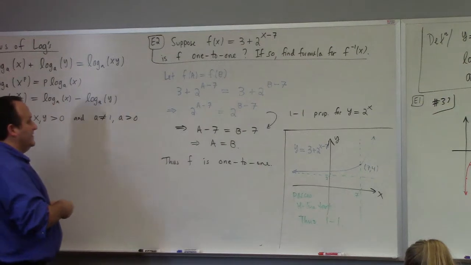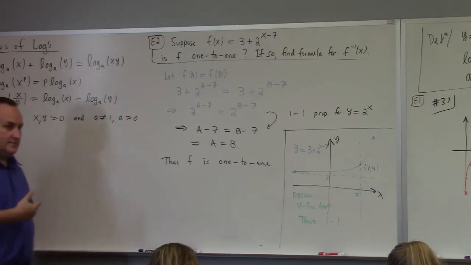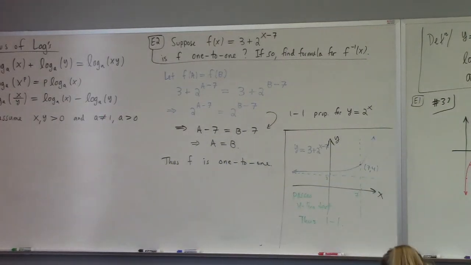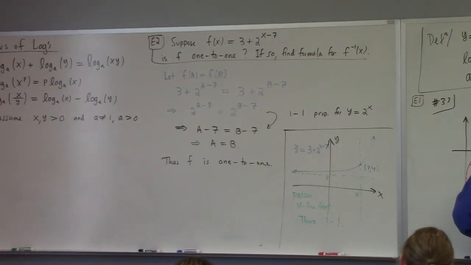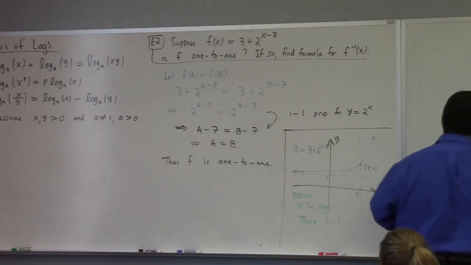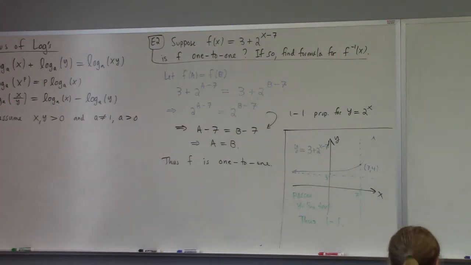Okay, that's lovely and all, but how do we actually find the formula for the inverse function here? What would you do? What was our methodology? It's a 4-step process, right? Step number 1 is what?